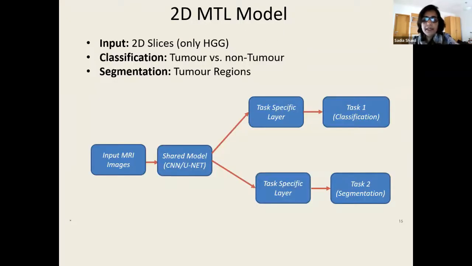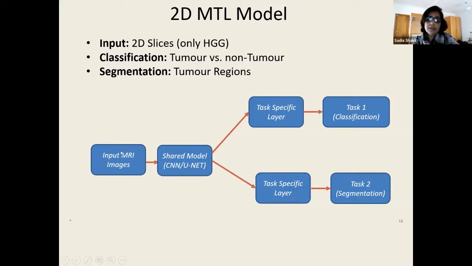And for that, we did 2 different kinds of processing: modeling on 2D data, and the other one on 3D data. The first part, which was a bit easier, was that the input to the system was given in the form of 2D slices of the images instead of the whole images.